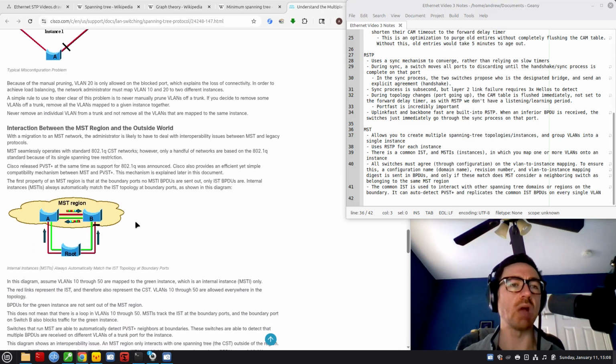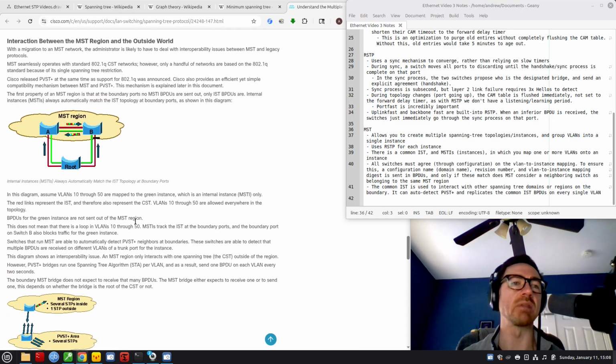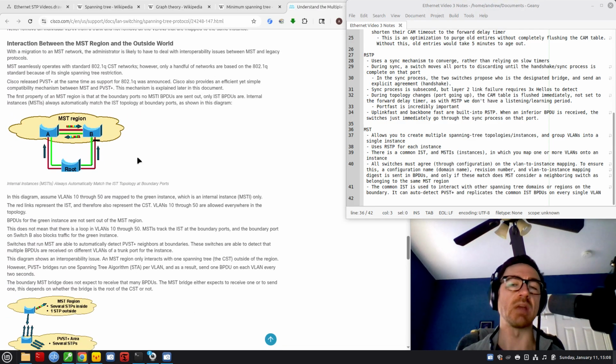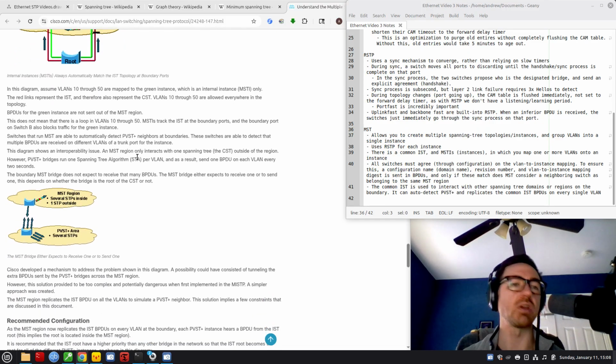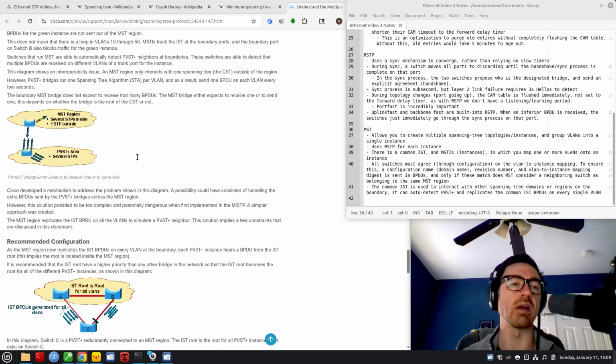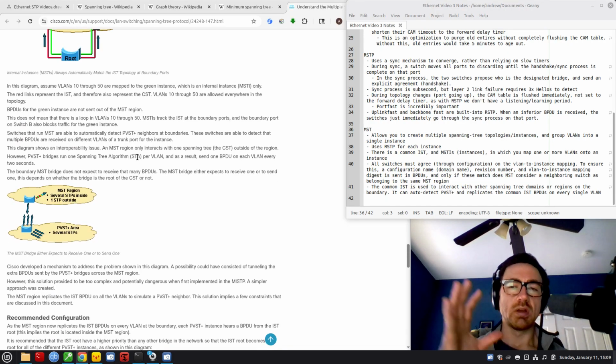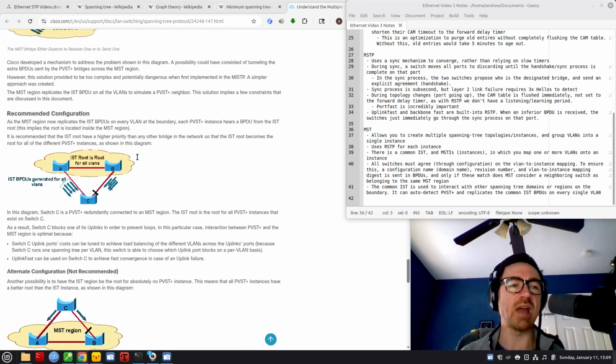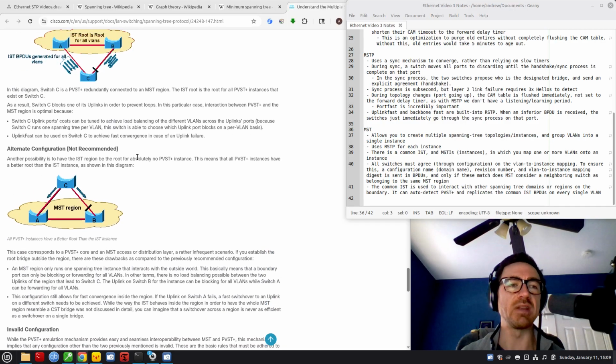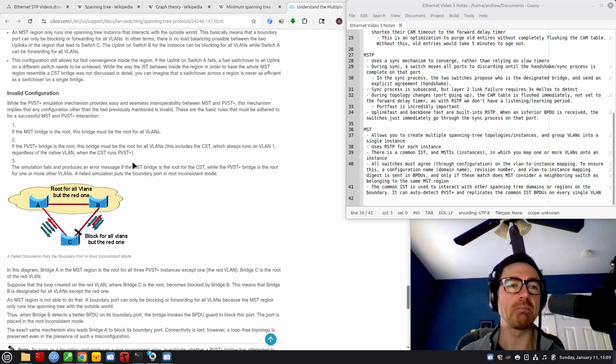There are little problems that can happen with that, and there are some complexities with the MST region interworking with the spanning tree connected next to it. What happens if you're doing per VLAN spanning tree, but the MST region is root for some VLANs, and the legacy spanning tree domain is root for other VLANs?